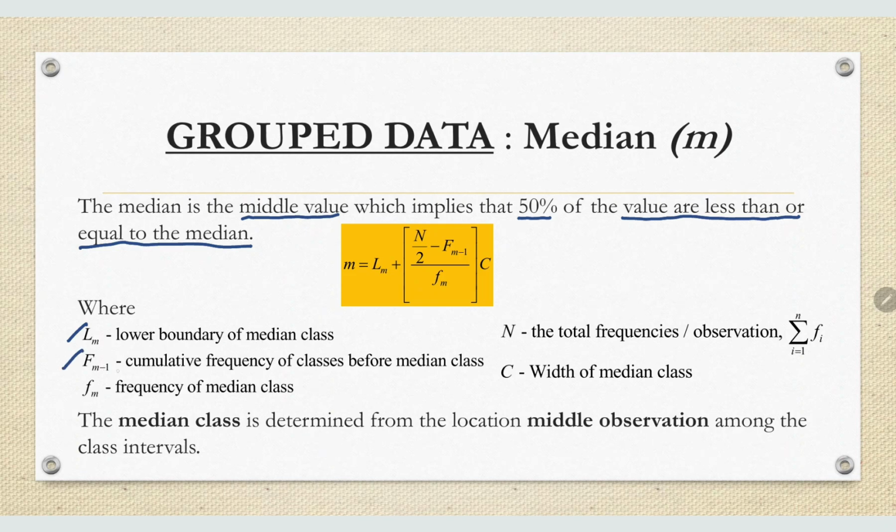Capital F m minus 1 is the cumulative frequency of classes before the median class. Small fm is the frequency of the median class. N is the total frequency or observations, the summation of f. C is the width of the median class. You must know that the median class is determined from the location of the middle observation among the class intervals.